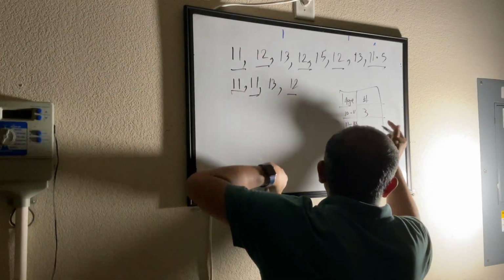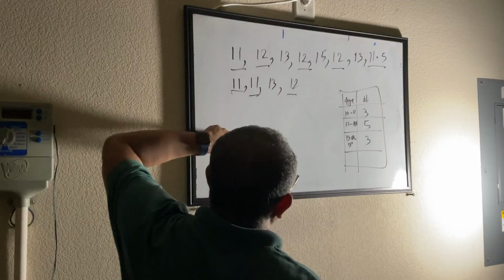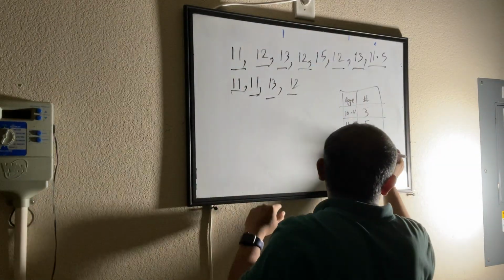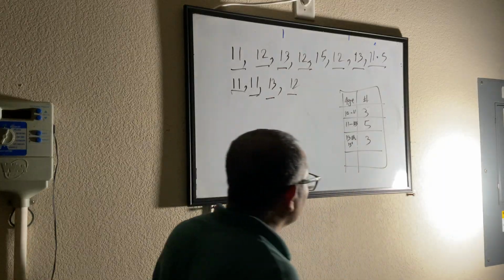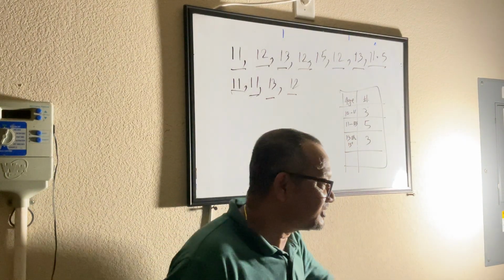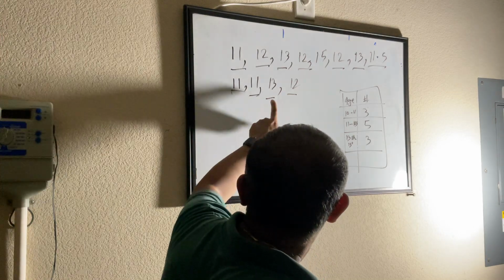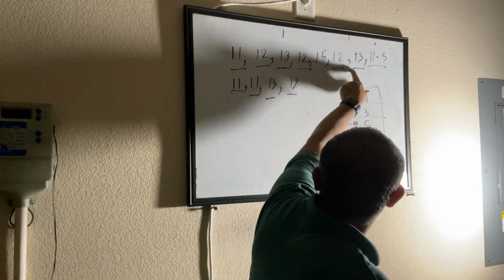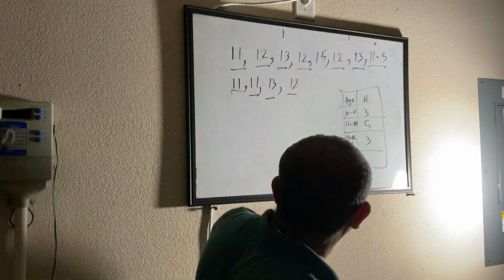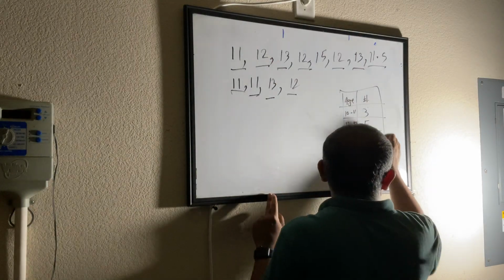I have 5 kids here. 13 or more: 1, 2, 3. Okay, 3. This is matching. So now if you look at this data, change the data. One more: 1, 2, 3. Oh, 15. Okay, sorry, 4.